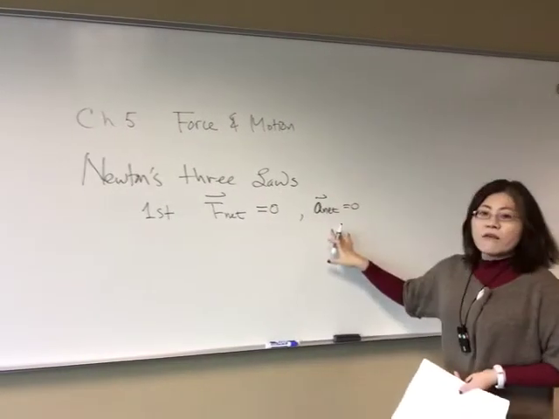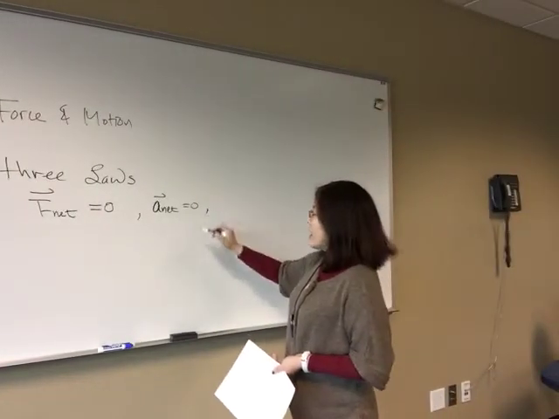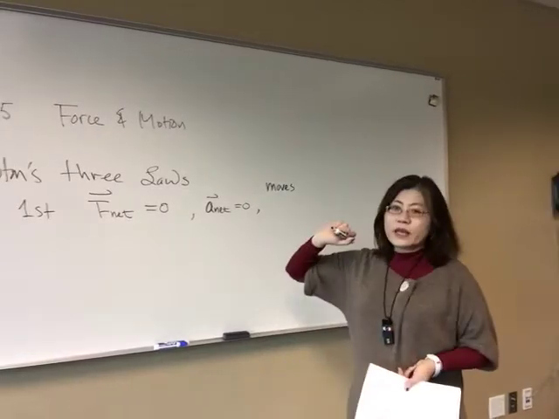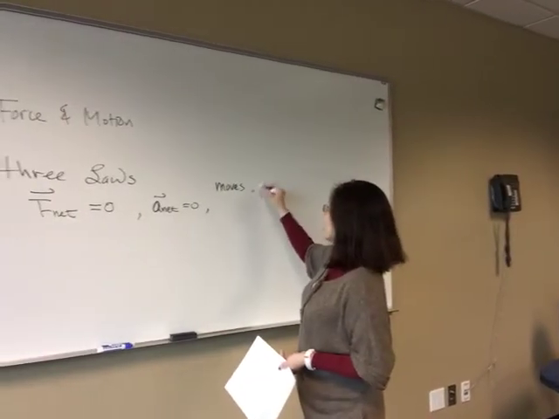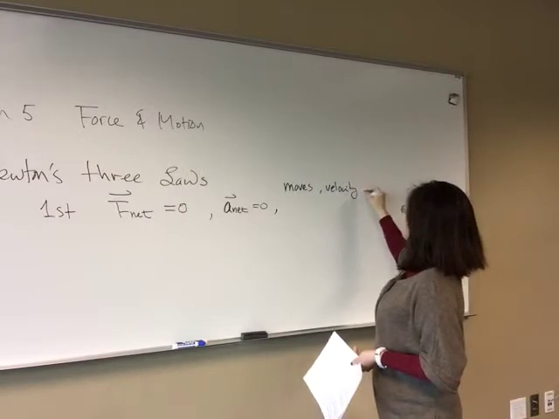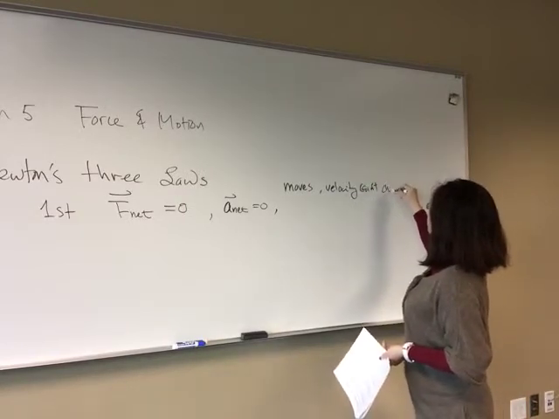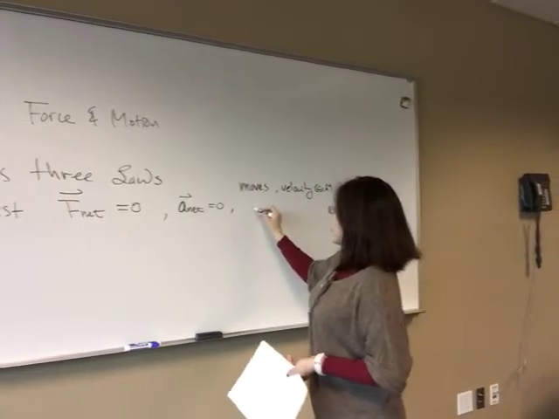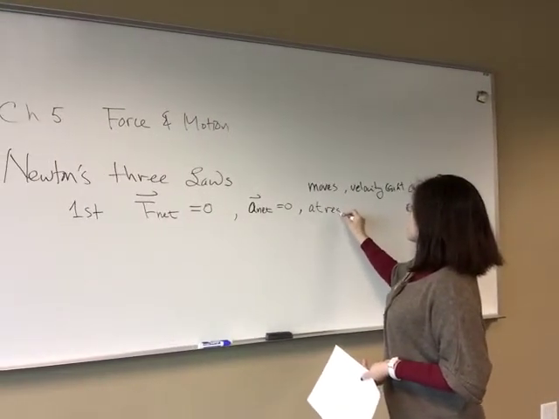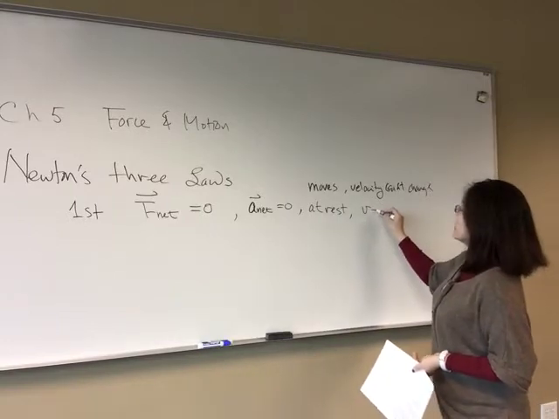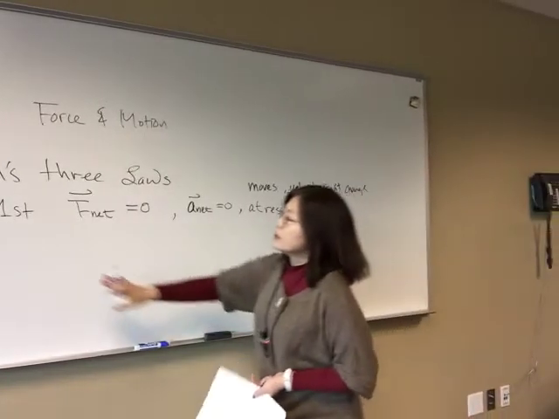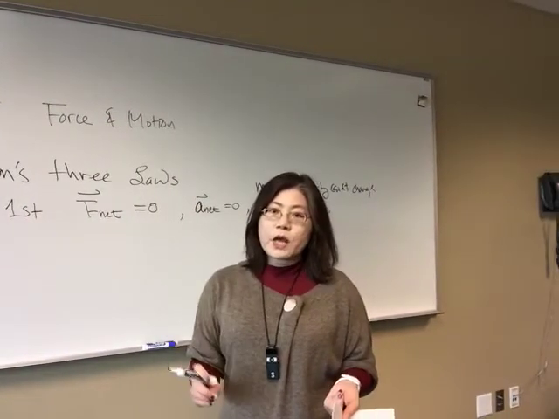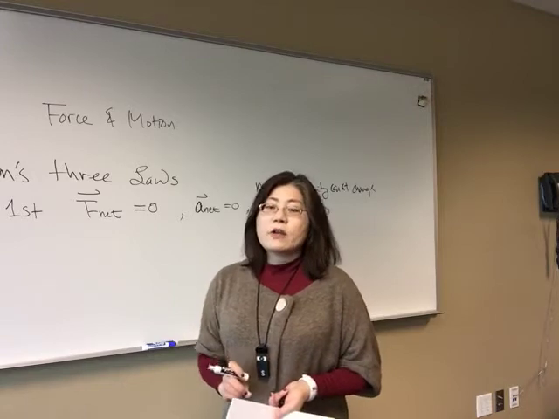Okay. When the acceleration is 0, it means that if the object is moving, which means it has a velocity, the velocity doesn't change. Now, if the object is initially stationary, in other words at rest, with no velocity, then the velocity is 0. So Newton's first law says that when the net force acting on the object sums up to be 0, there's no acceleration.